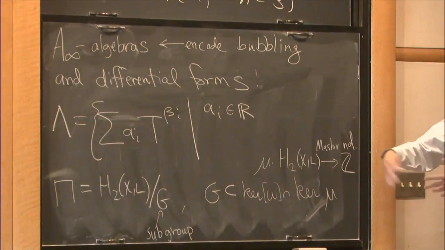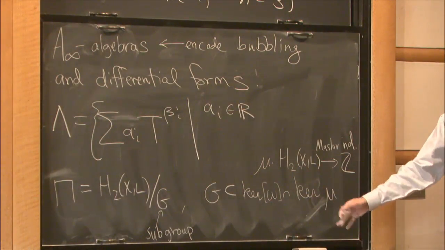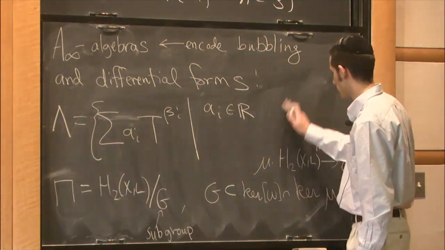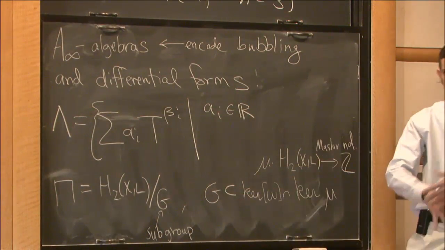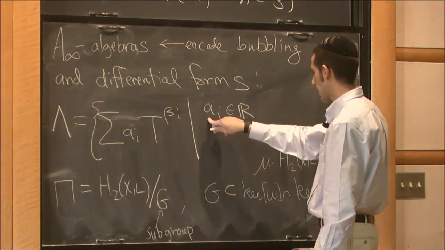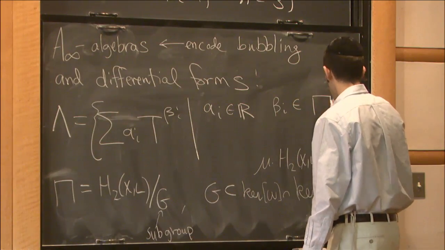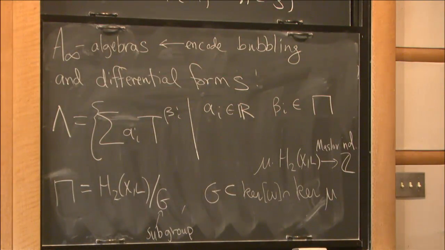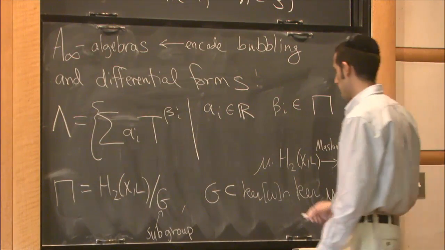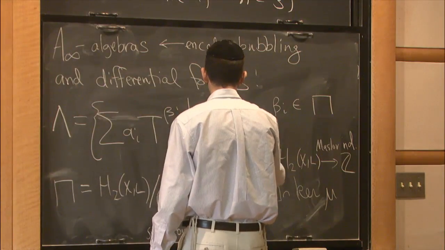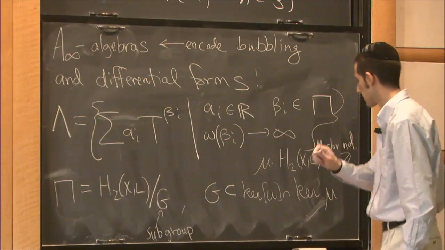You could choose many different things for this G, and it's often nice to just consider G the trivial subgroup. But if we want to see how obstructions come in, then it's nice to take G a little bit bigger than that. So we can take a_i to be real numbers and beta_i just some elements of pi, and we just need to say that omega of beta_i goes to infinity as i goes to infinity.